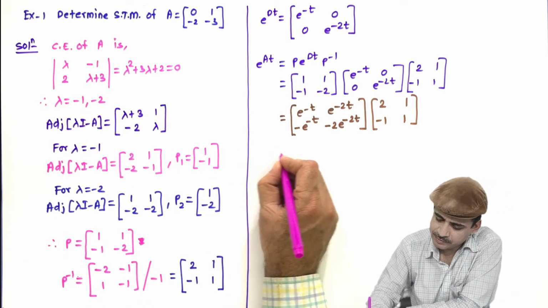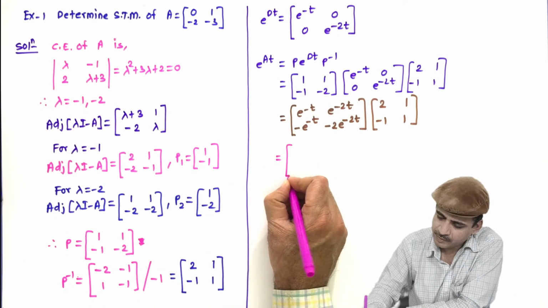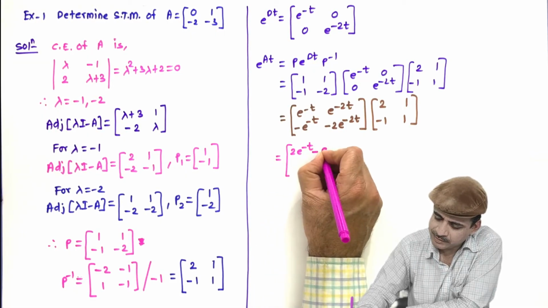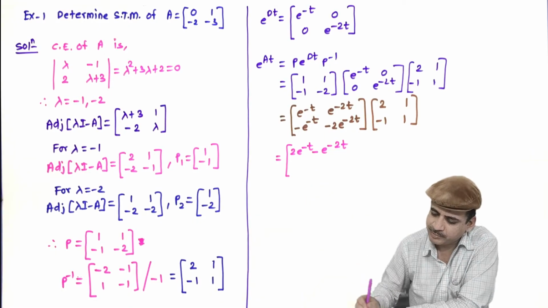So the multiplication gives 2 e raised to minus t minus e raised to minus 2t as the first element.